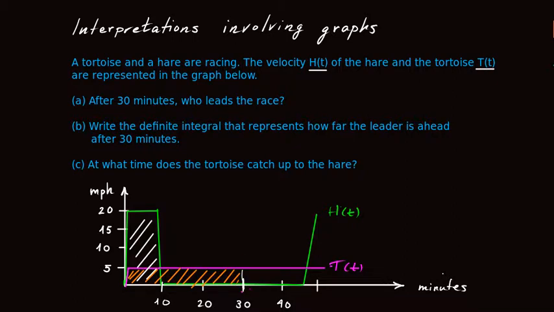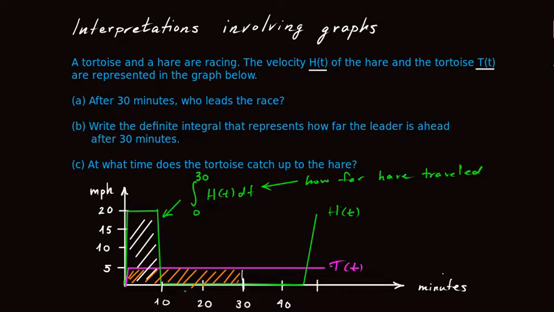To do that, we have to figure out how far they've traveled in those 30 minutes. So that's going to be the total change in their distance, and the velocity represents the rate of change in the distance. So we need to find the integral for, say, the hare. We find the integral between 0 and 30 of the hare's speed, dt. That'll be how far he's traveled in the first 30 minutes.